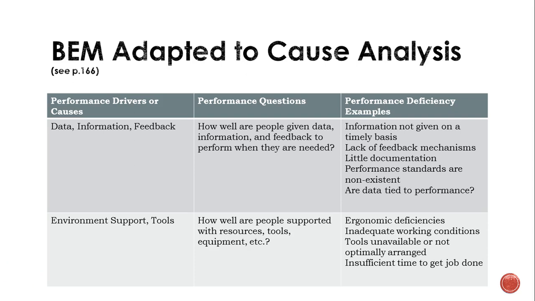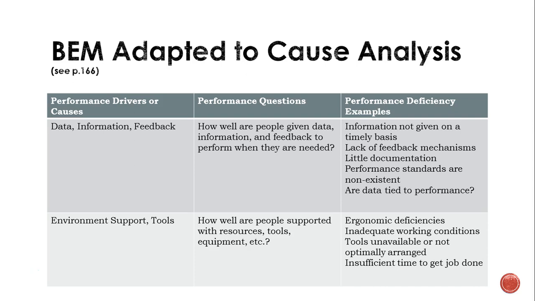Even to take a look at the environment, support, and tools, we can see one of the performance deficiency examples is insufficient time to get the job done. So even think about, once again, the inventory within the Angelica case study, some of the lower performing stores where the inventory sits in the back room for long periods of time, and it takes a long time to get some of those products out on the floor.